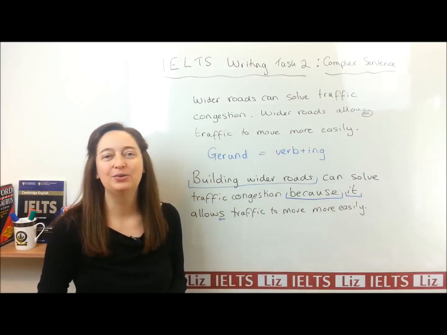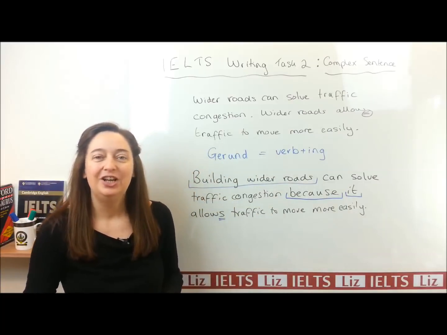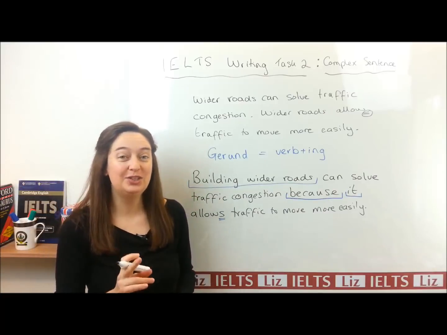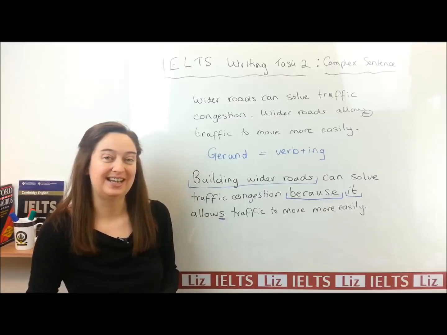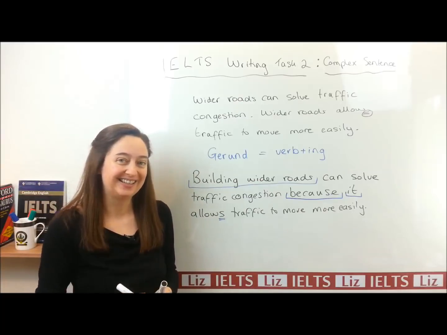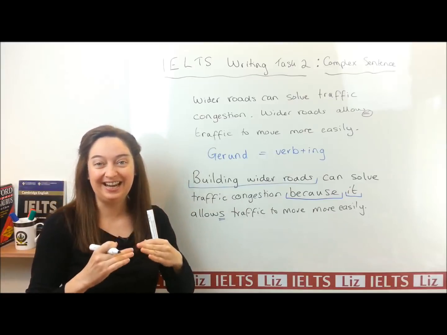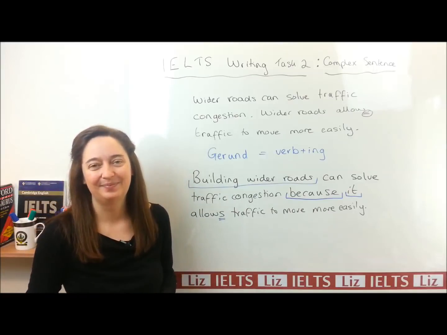So that is how to make a complex sentence. You can do that in your writing test. You can do it at the end of your writing test when you're checking your essay. You could also quickly make changes to connect the sentences together.